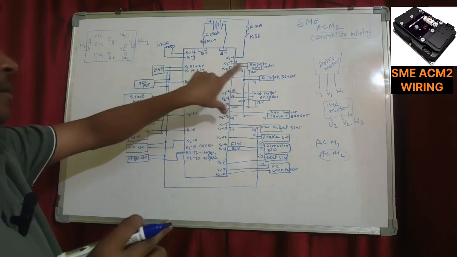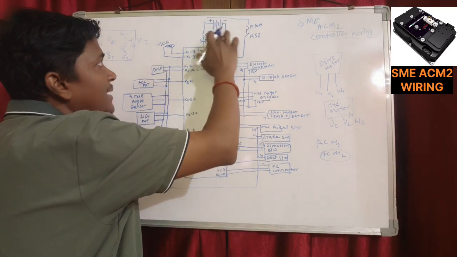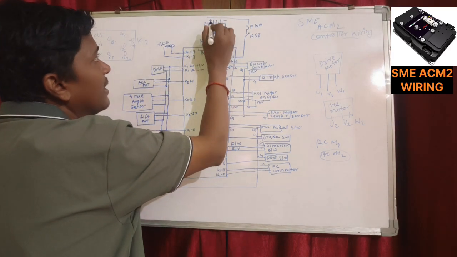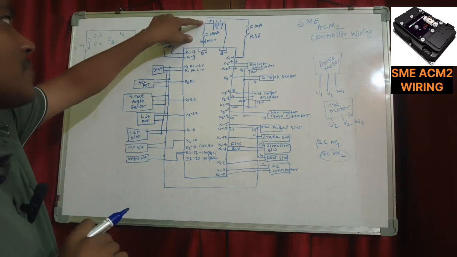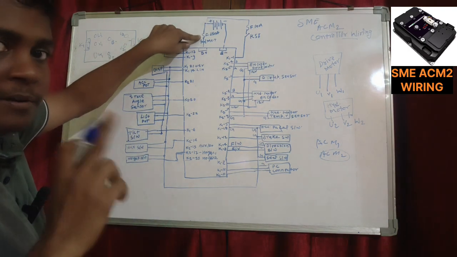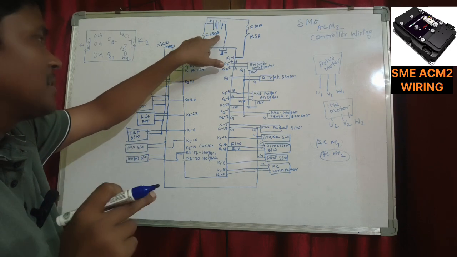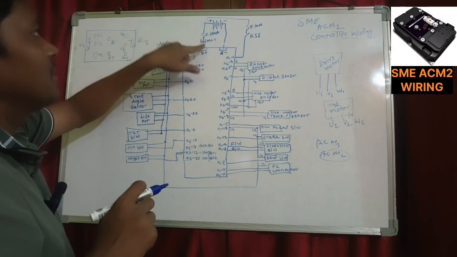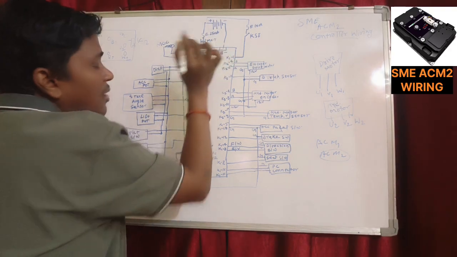Now we are coming to the connection diagram. This is our battery, with battery plus and battery minus points. From the battery positive terminal there will be one power fuse, maybe 250 ampere, 300 ampere or 350 ampere. From the power fuse we go to the contactor.